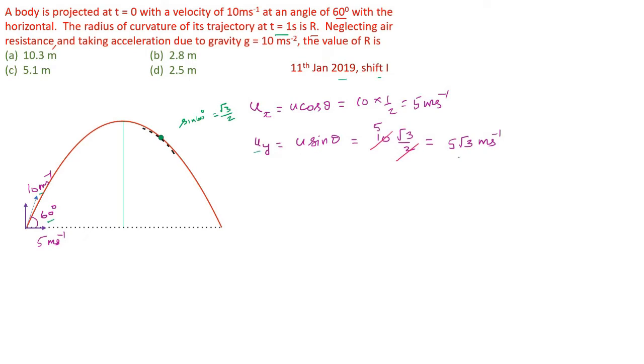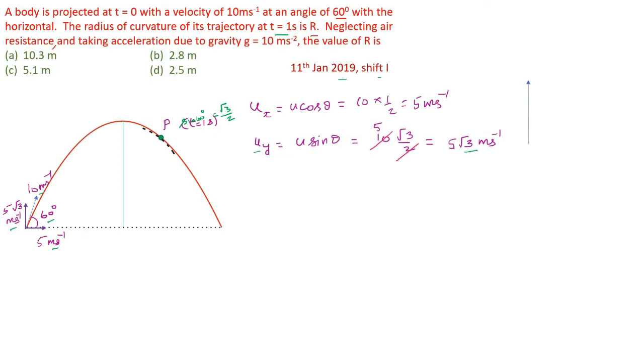We got uy as 5 root 3 meter per second. So we know the initial vertical component, the initial horizontal component, and the angle of projection 60 degrees. So we will come to this position P of the particle after time t equal to 1 second.